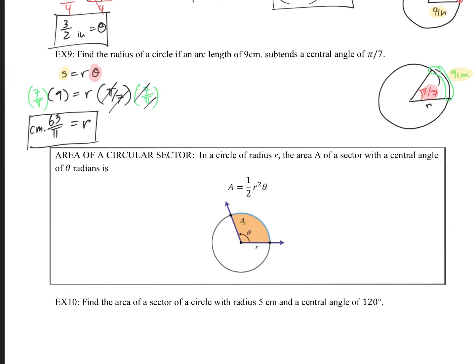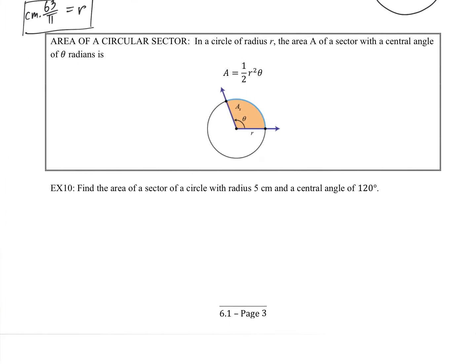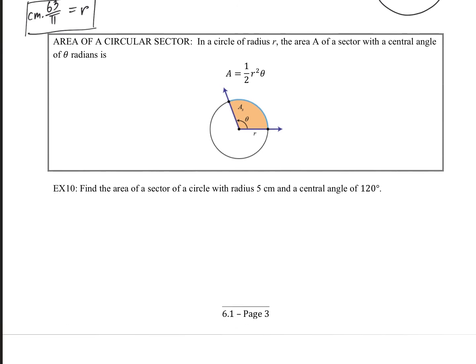Okay, moving on. Area of a circular sector. In a circle of radius r, the area, so now we're talking about the area, not just a length, the whole area of a sector with a central angle of theta radians is given by this formula. Area equals half r squared theta, which is kind of similar to the area of a triangle, right?